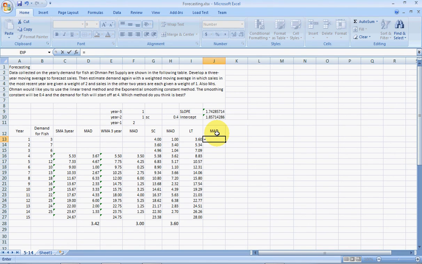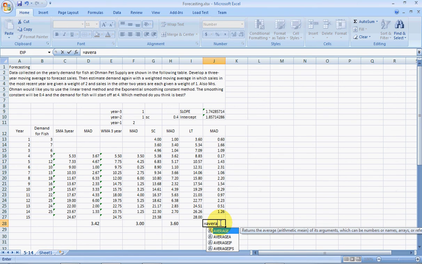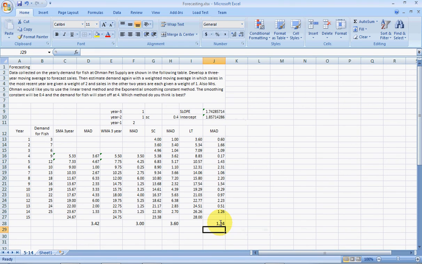So equals ABS, this minus this, and then drag this all the way down. And we can just do equals average again. So we see that the linear trend is actually the better forecasting model. And that is it. Hope you found this helpful.